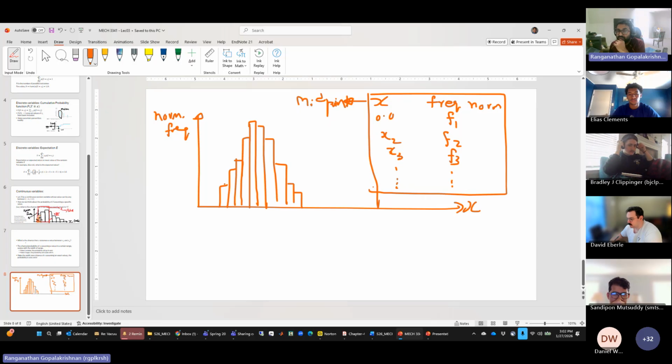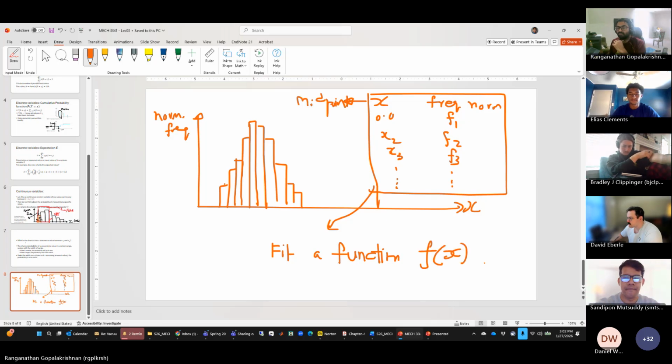What I can do is take this and fit a function. Although we haven't seen curve fitting in this course, have you all at least heard of that term, curve fitting, fitting a function to a data set? Heard of that before? Yes, no, linear regression, something you've done in your lab courses. Okay, so let's say you fit a function and we'll call this function f of x.